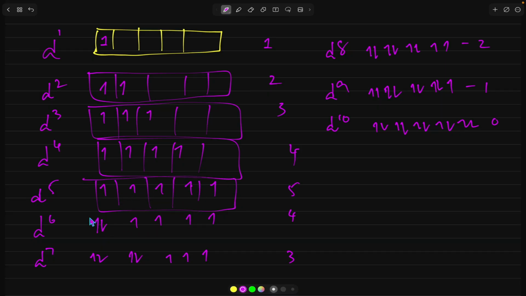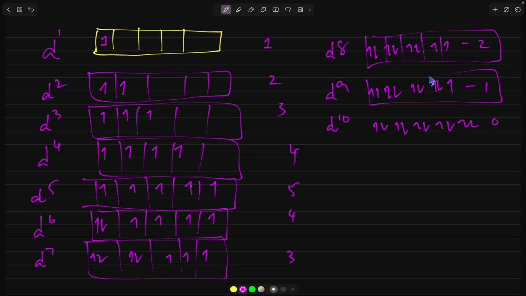But when it comes to d6, one of the unpaired electrons gets paired up. In d7, 2 pairs will be seen. D8 has this many, D9 has this many. In d10 all are paired up, so there is no possibility of d electron participation. That's why these are not included.